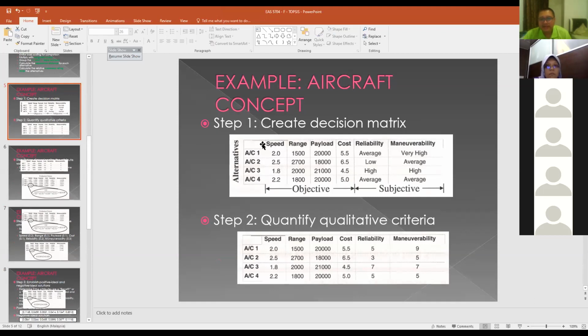You see that we pick numbers, right? For the average, we put 5, low we put 3, high we put 7, and etc. Sometimes these values would highly impact your end result.